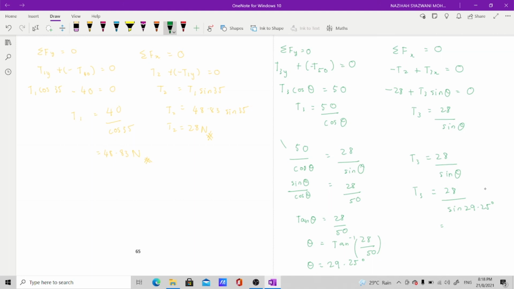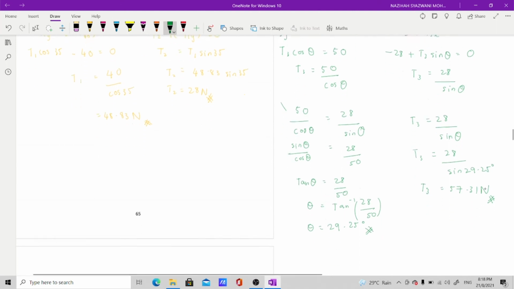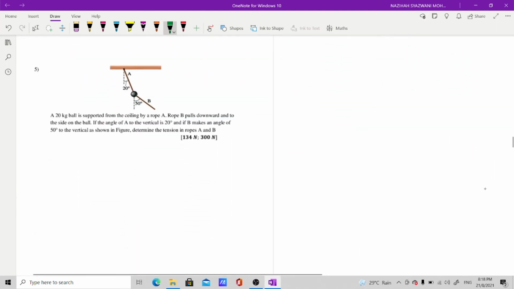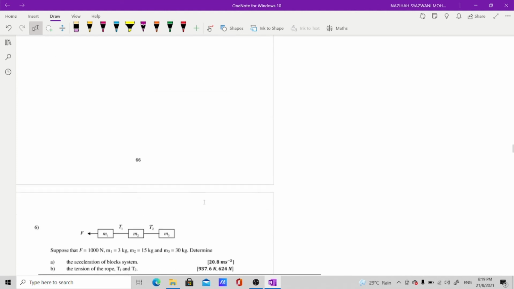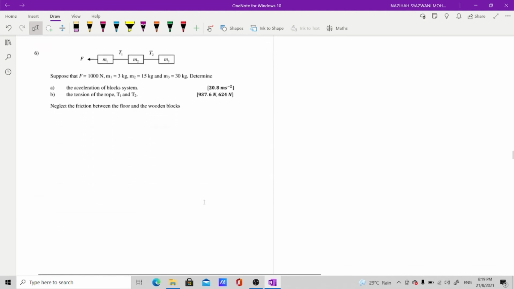You should get T3 equals 57.31 Newton. Don't forget to put your units because we are doing physics. For question number 5, I want you to do it on your own and post your answers in Google Classroom. Next, let's do question number 6.